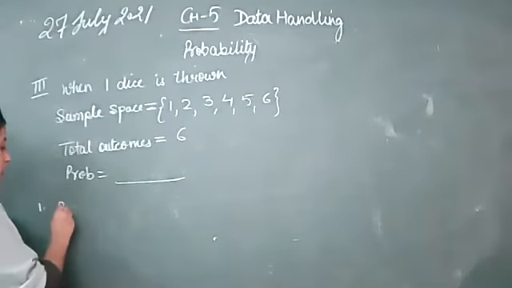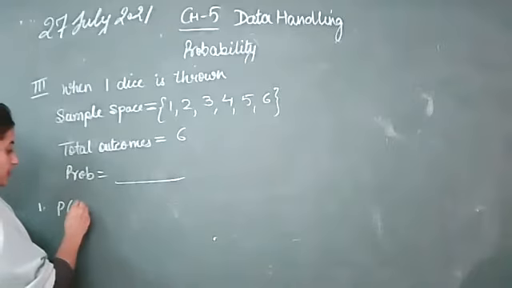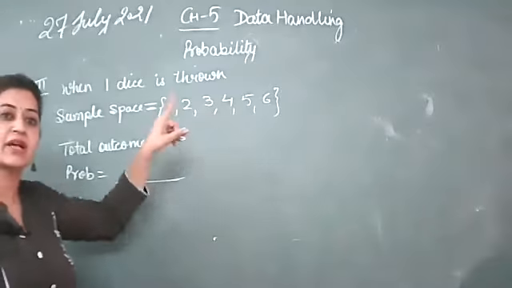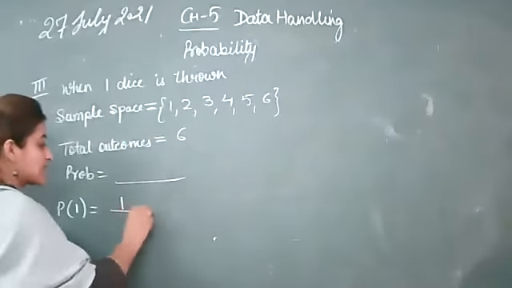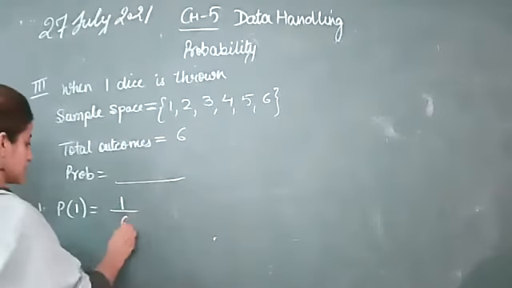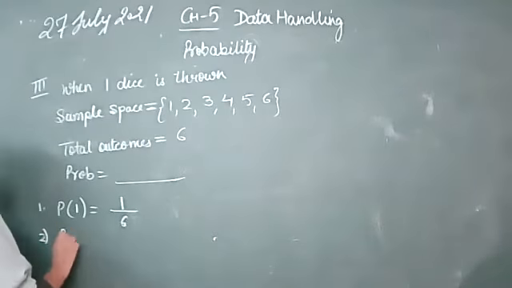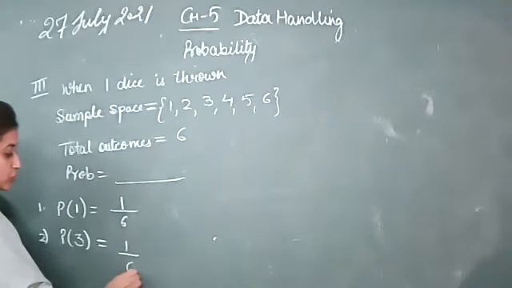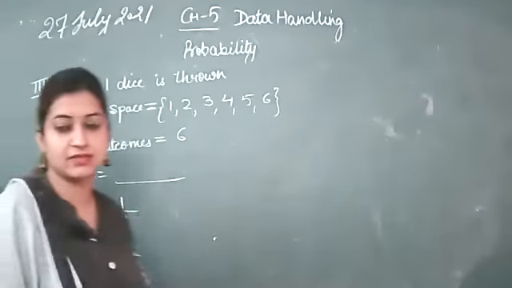Number 1 is probability of one number. One number is occurring one time, so favorable is 1 and the total outcomes are 6. Probability of getting number 3: 3 is occurring one time and the total number is 6.